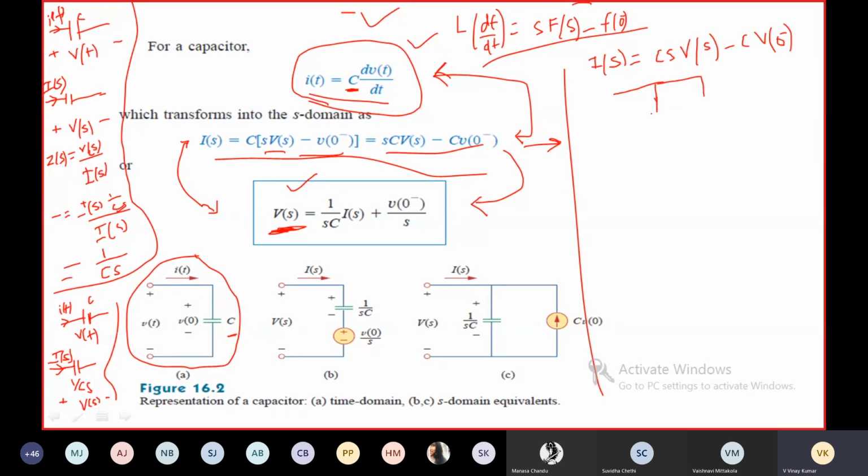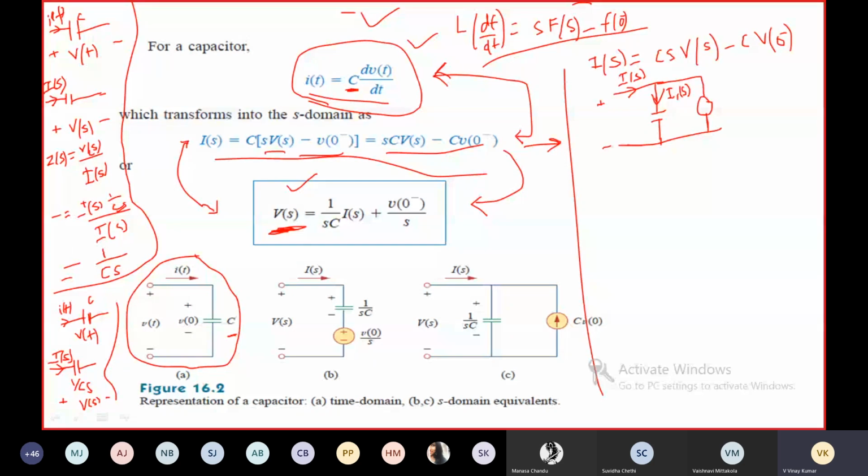This will be the capacitance, and we are going to have a current source. Now the total current is I of s. Let I1 of s be the current flowing through this capacitor.